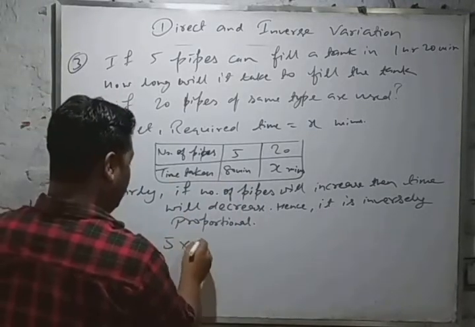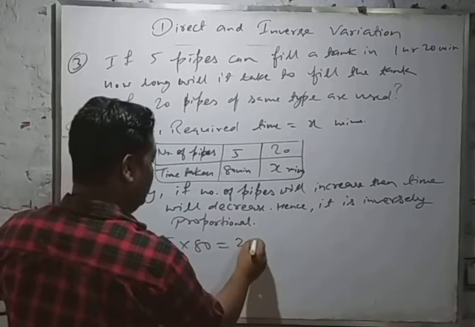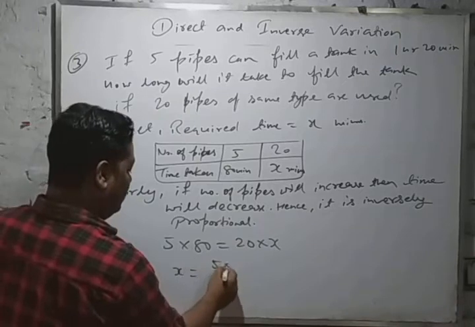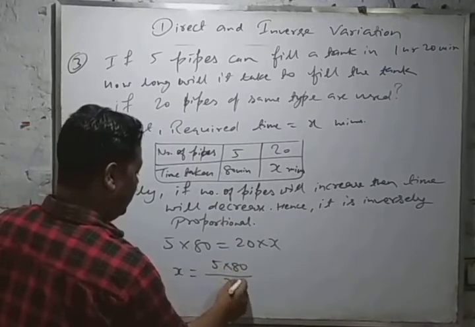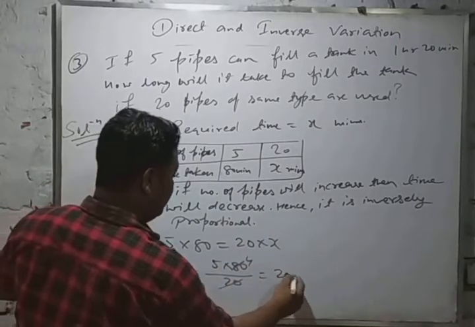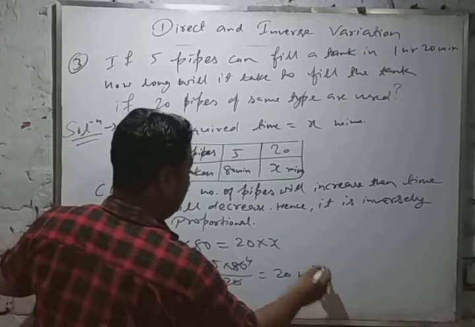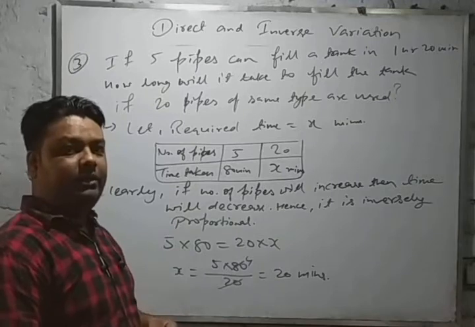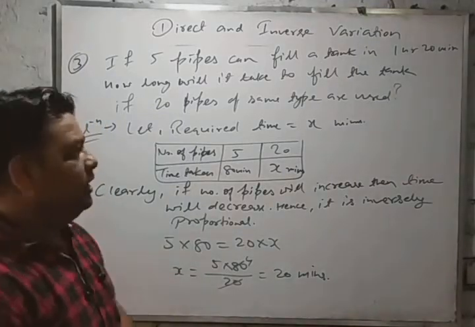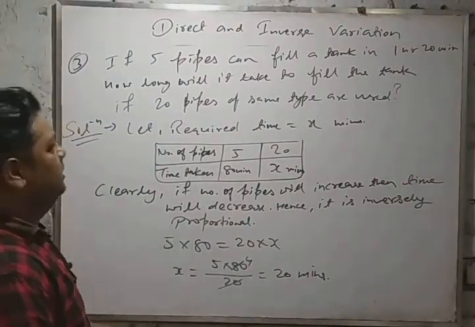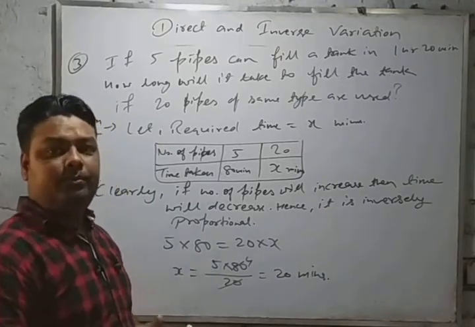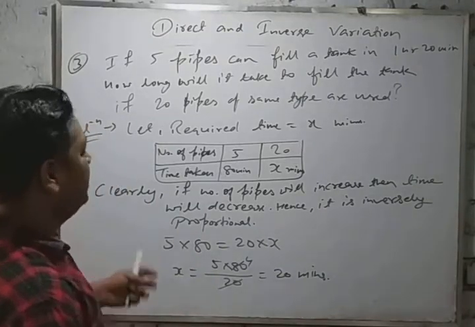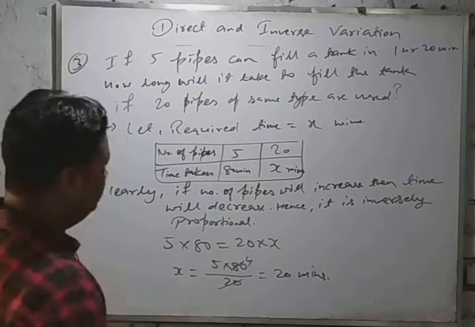That is 5 into 80 is equal to 20 into x. Then x is equal to 5 into 80 by 20, that is 20 minutes. Only in 20 minutes, 20 pipes can fill this tank. Okay, so this is the question related to pipe and cistern. So let's move to the next question.